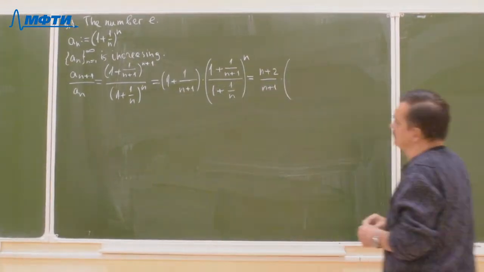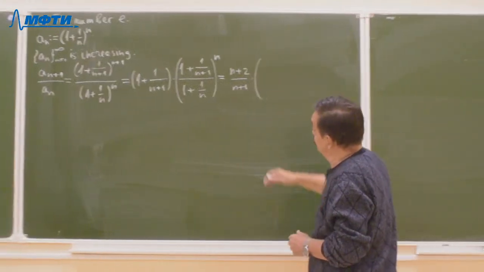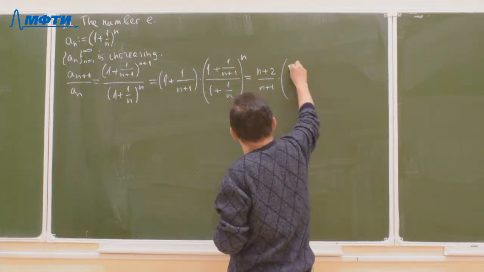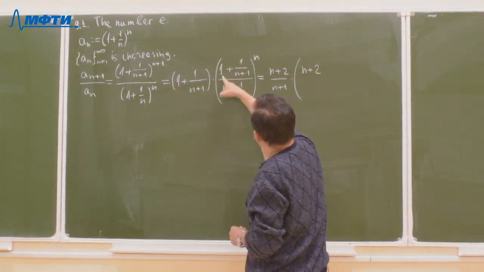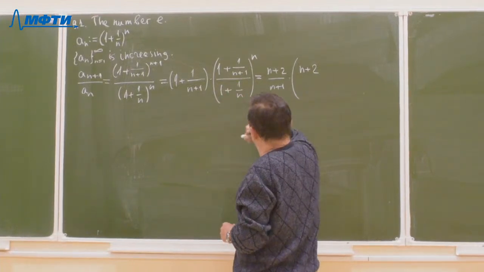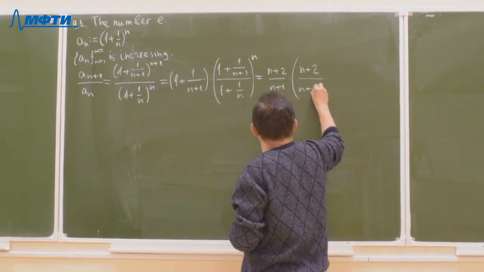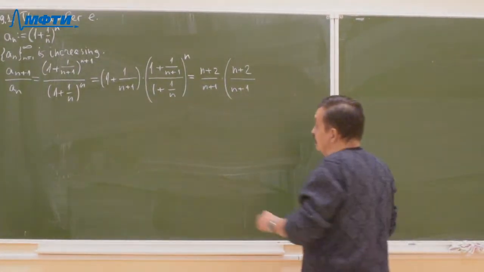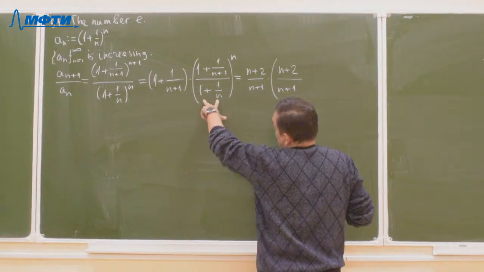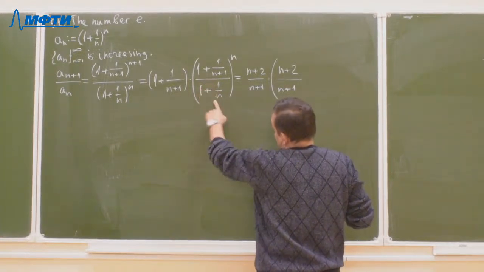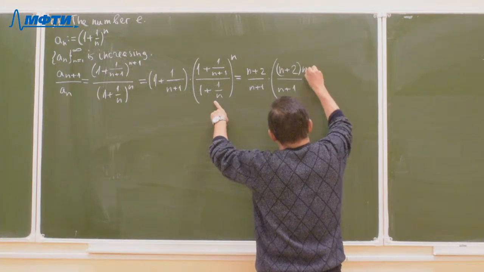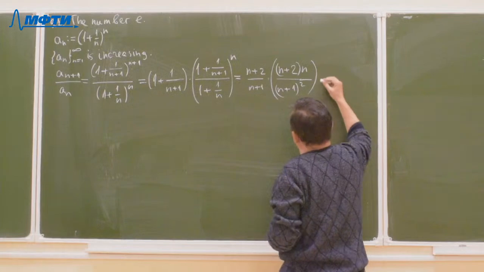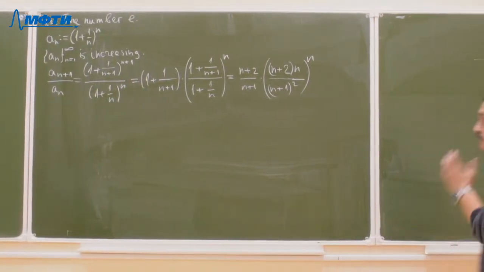Now this huge expression, so we have n plus 2, right? Then n plus 1 is in the denominator, but also here in the denominator we had (n plus 1) over n, so n goes to the numerator and n plus 1 to the denominator. That is what we'll obtain.